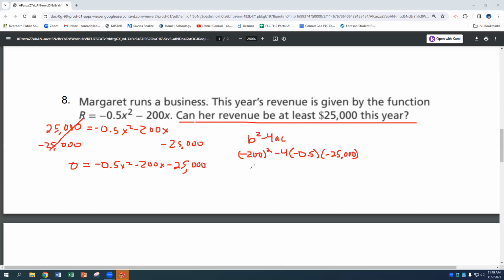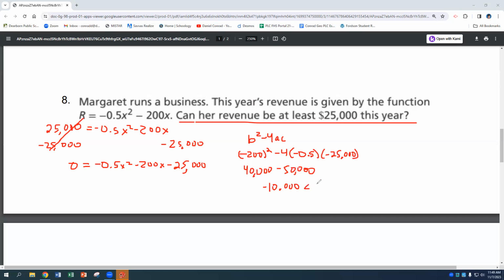Okay, that's going to be 40,000. And we can just use our calculators. Minus, right, 3 negatives, so it's going to be minus 50,000. It's going to give us negative 10,000.